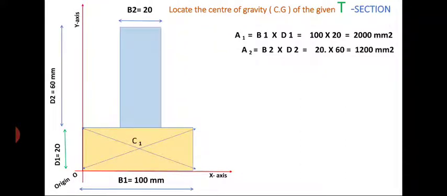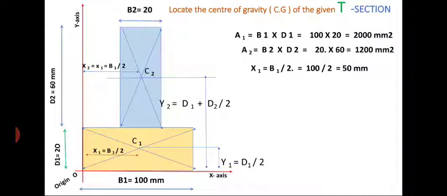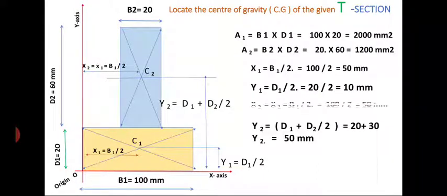C1 is the centroid of the bottom rectangle at a distance of x1 from the y-axis and y1 from the x-axis. C2 is the centroid of the vertical rectangle at a distance of x2 from the y-axis and y2 from the x-axis. From the figure, x1 equal to b1 by 2, y1 equal to d1 by 2, x2 equal to b1 by 2, and y2 equal to d1 plus d2 by 2. All these values are written in tabular form.